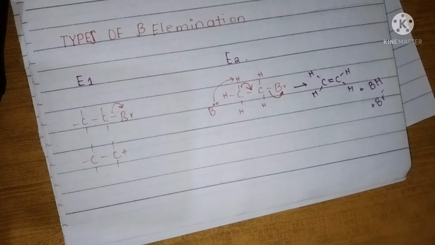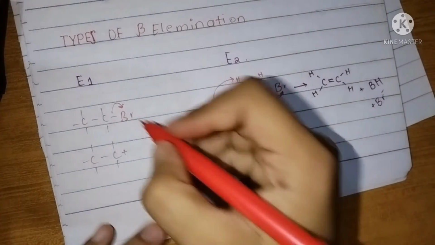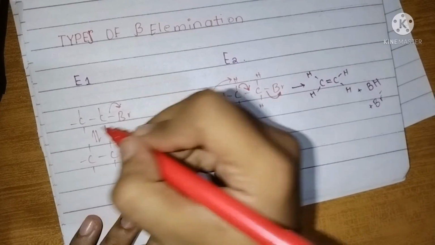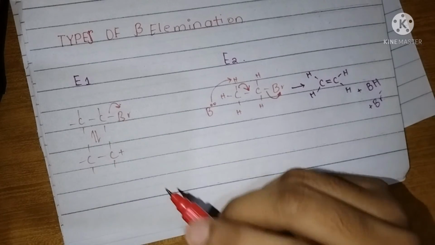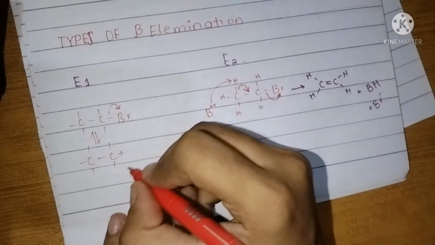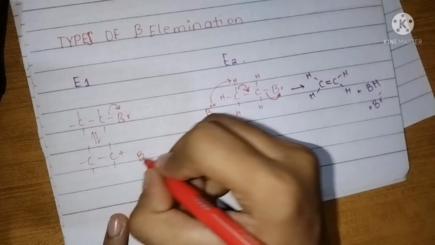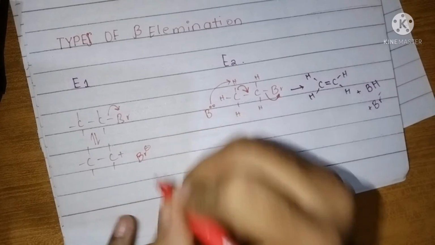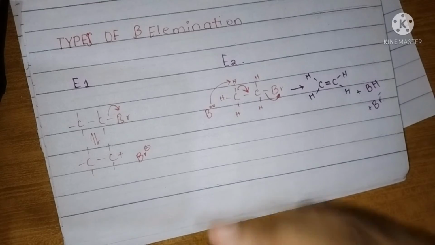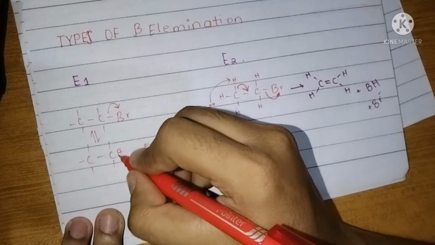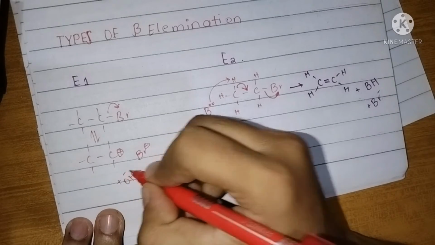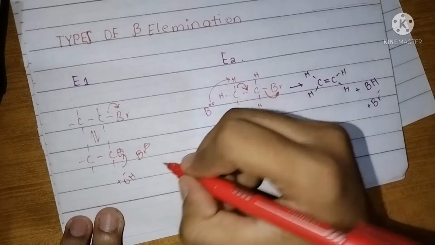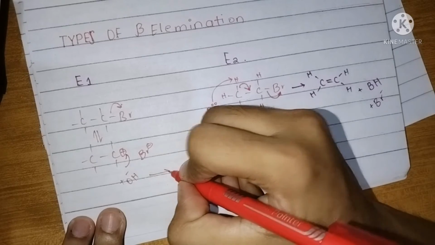This will be the slow and rate determining step, and it is the first step. After this, since this is a carbocation, we have OH negative, and this will attack the hydrogen, giving us a product.